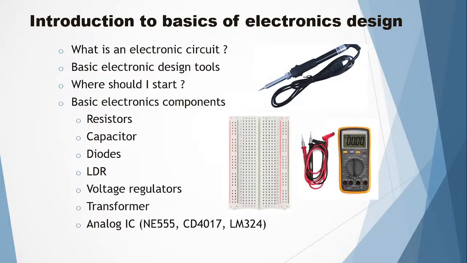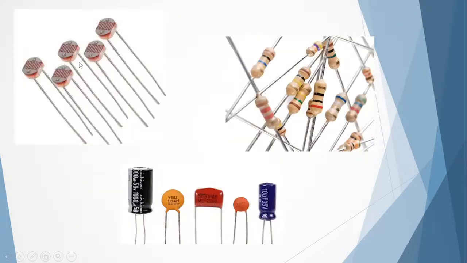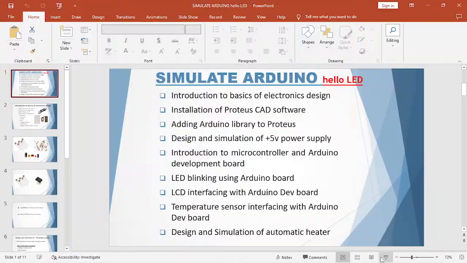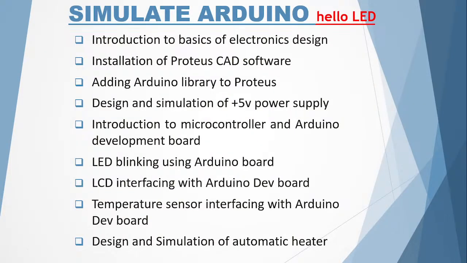Once you have a closed connection through which a current can flow, then it's called an electronic circuit. Any closed path through which current can flow, you have your source, you have your load, whether you have resistors, capacitors, whatever you have.